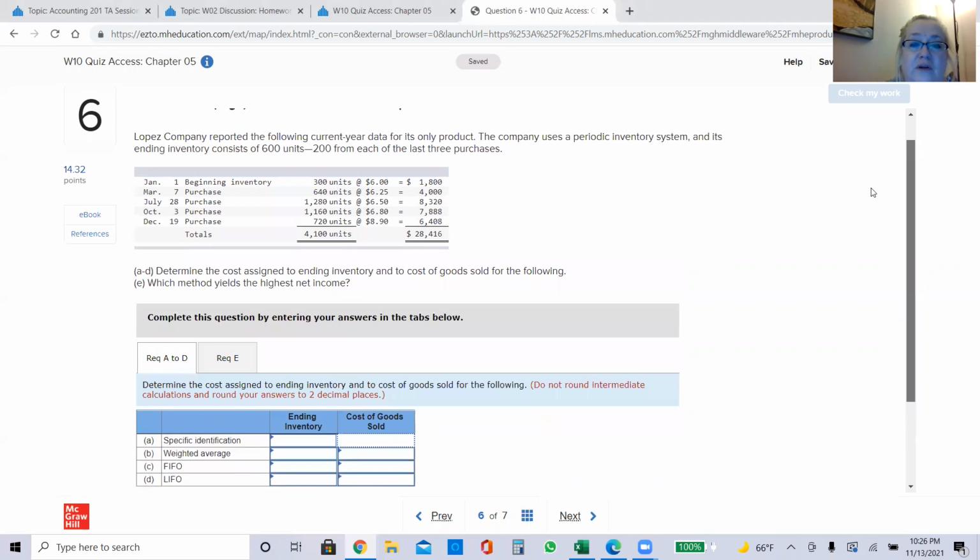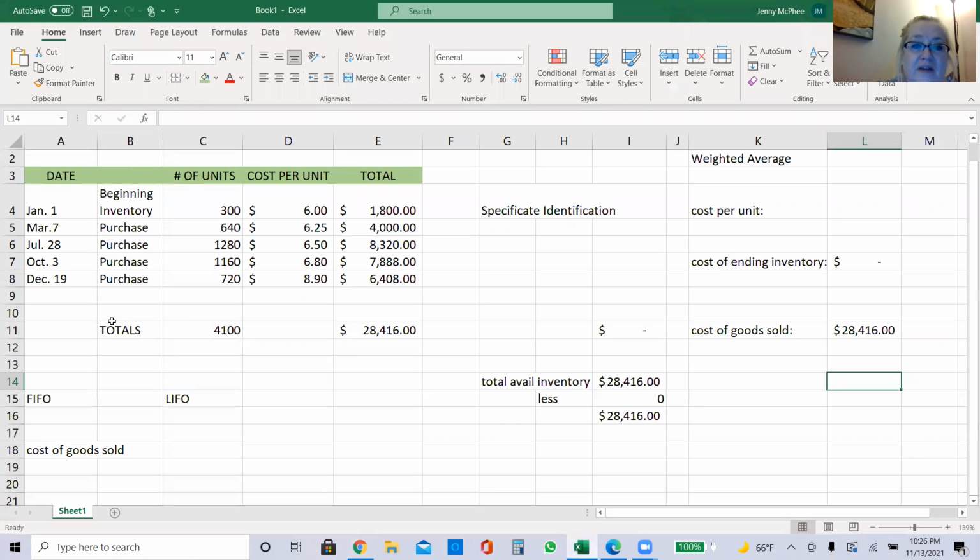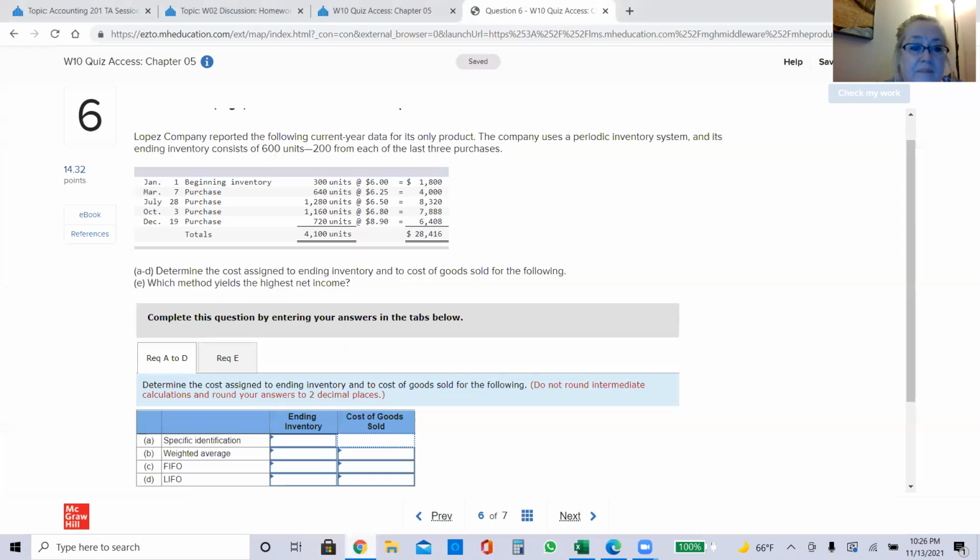And so here's all the numbers. What I did was I just transferred all of this here and made a spreadsheet. So here are the exact same dates and numbers up here. Our first one is specific identification.